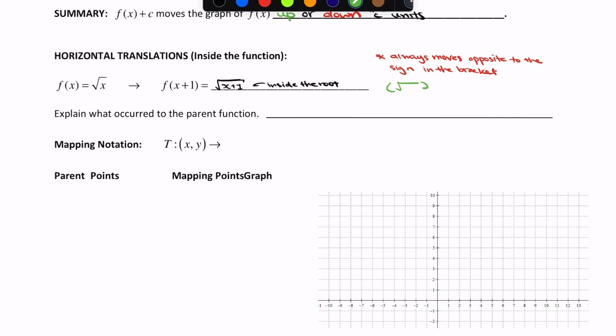And so if it is negative inside, it will move to the right. And if it is positive inside the bracket, then it'll move to the left.